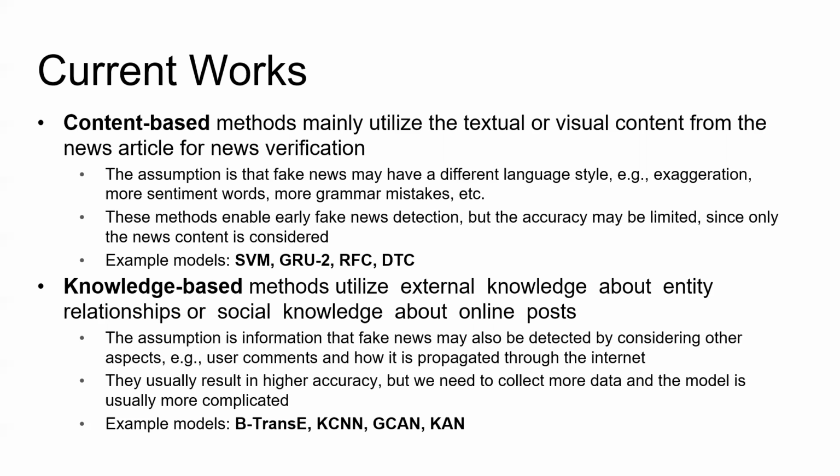They usually result in higher accuracy, but we need to collect more data and the model can be made more complicated because of those extra data. The example models are B trans E, knowledge CNN, GCAN, and also KAN, which is knowledge attention network.